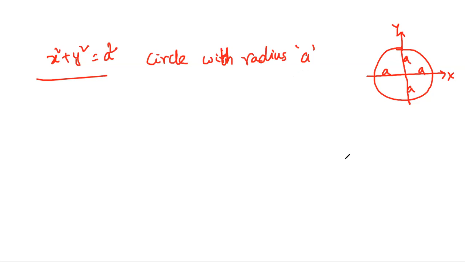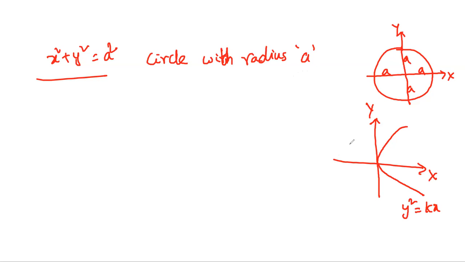Next, one more. This is the x-axis and this is the y-axis. There is a parabola, this is the way. And this equation we can write from the y-axis which is coming: y square is equal to kx. Now, one more you can take.